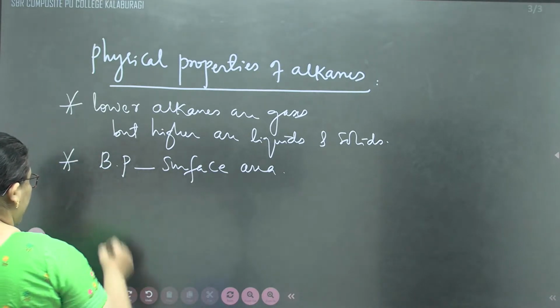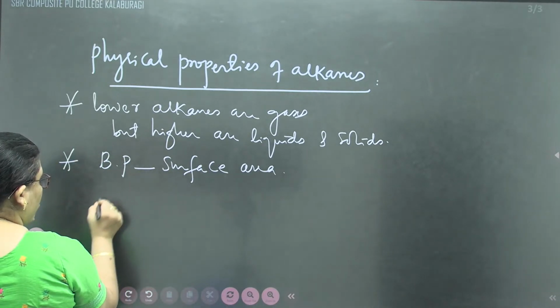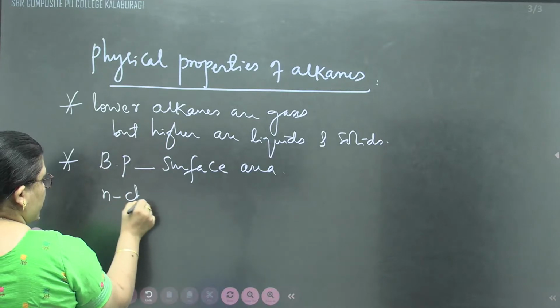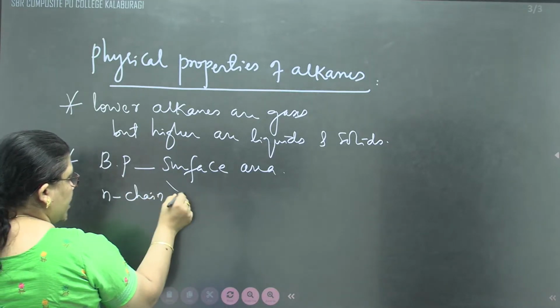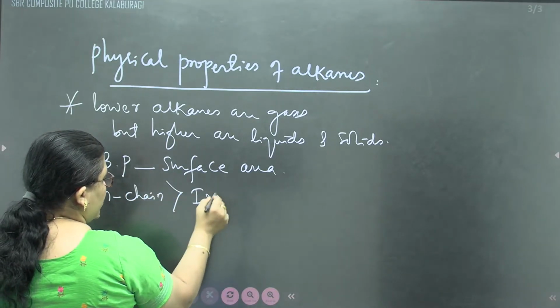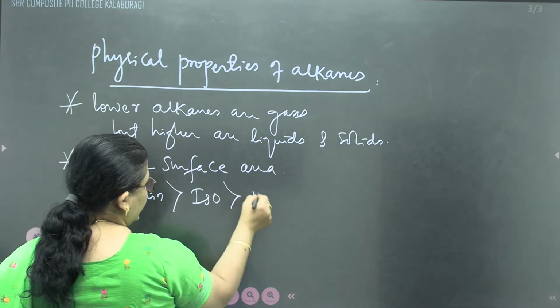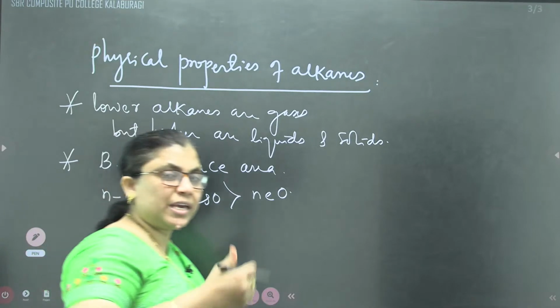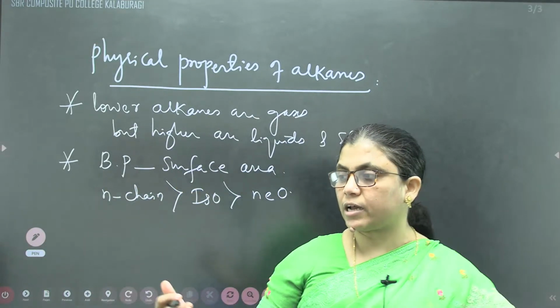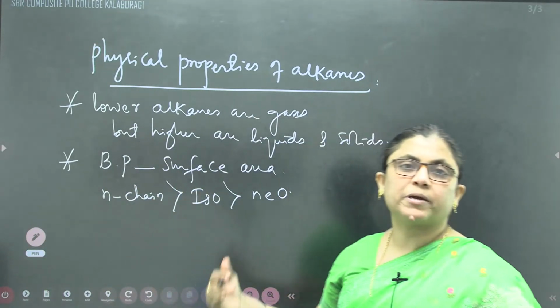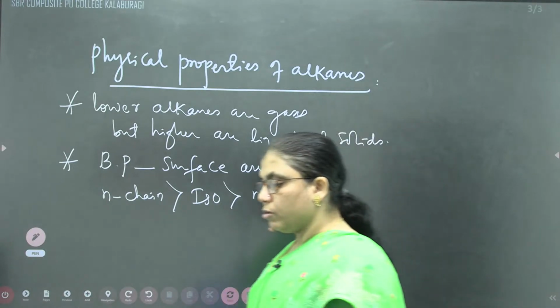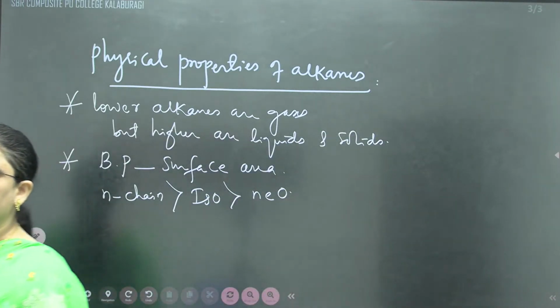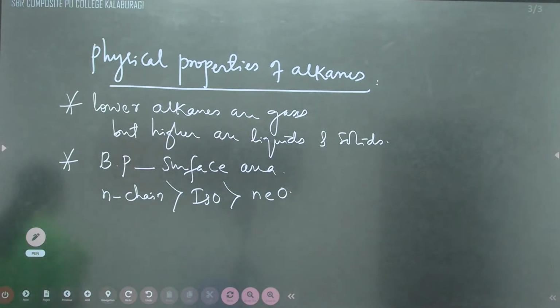If all the carbon atoms are in a normal chain, it will have a higher boiling point as compared to iso, as compared to neo. Because branching increases, normal chain is converted into iso, iso into neo. That means as the surface area decreases, boiling point also decreases.